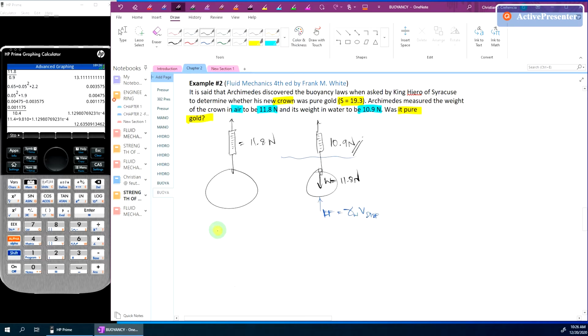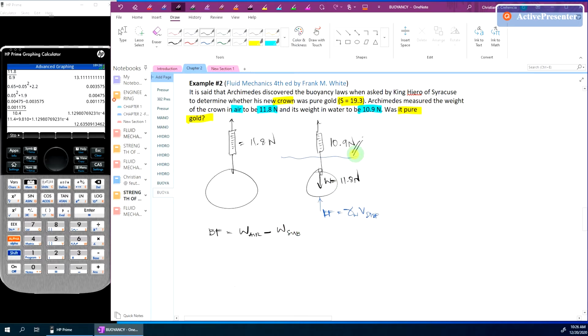So the buoyant force is equal to the weight in air minus the weight submerged.